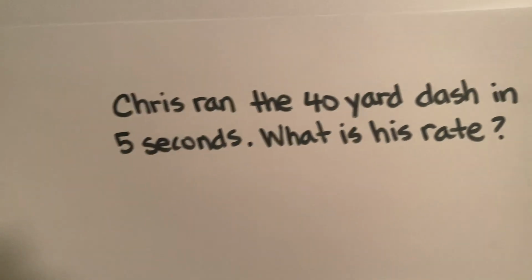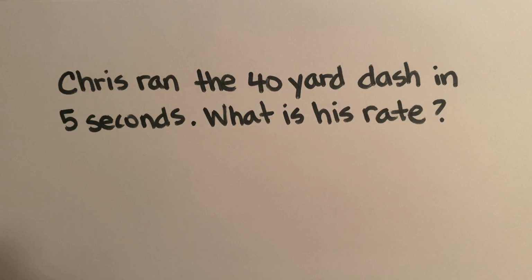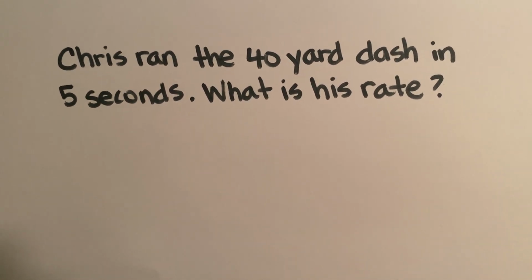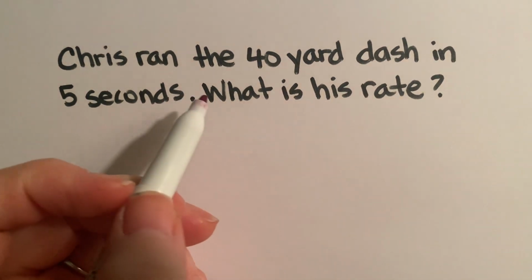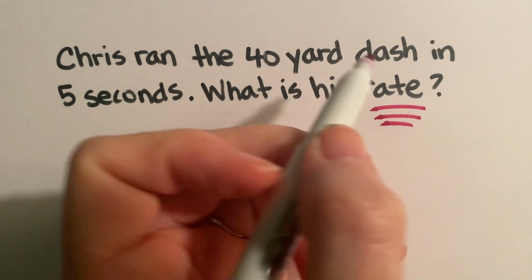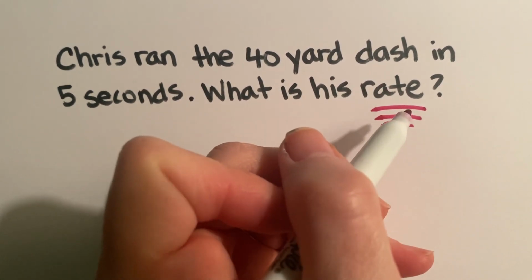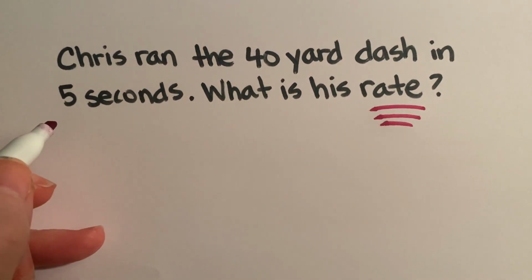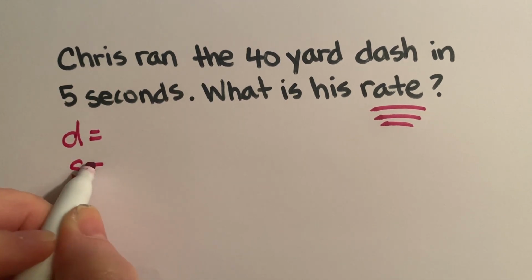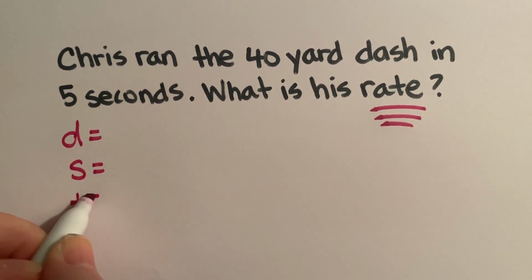The last example for this video says, Chris ran the 40-yard dash in 5 seconds. What is his rate? Well, the first thing I want to say is this word rate was not brought up in the formula. The formula has distance, speed, and time.